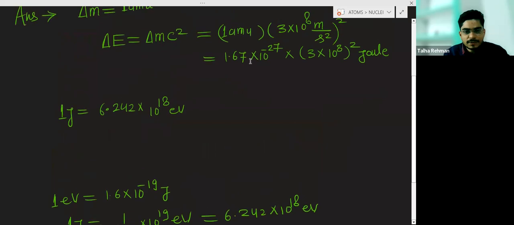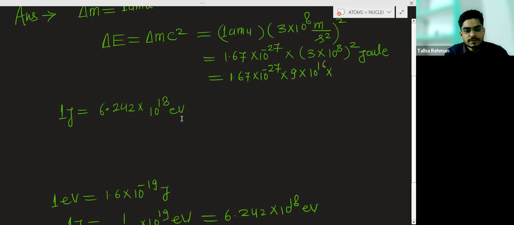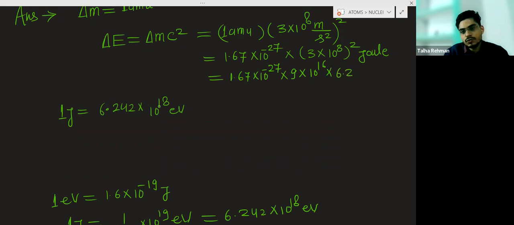Now this value is in joule and we will convert it into electron volt. So it will become 1.67 into 10 to the power minus 27 multiplied by, 3 threes are 9, 10 to the power 16, and multiplied by this value 6.242 into 10 to the power 18. Now this will become in electron volt.